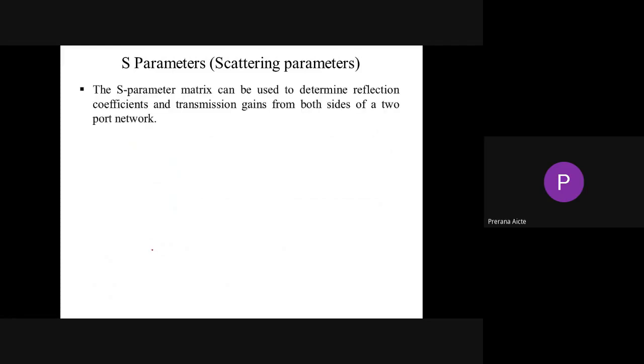Now, the S parameters can be used to determine the reflection coefficients and transmission gains from both sides of the two-port network. As we have seen, S11 and S22 are the forward and reverse voltage reflection coefficients, and S12 and S21 are the reverse and forward voltage gains.